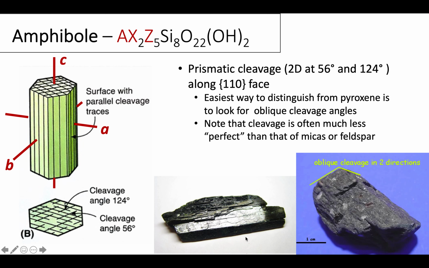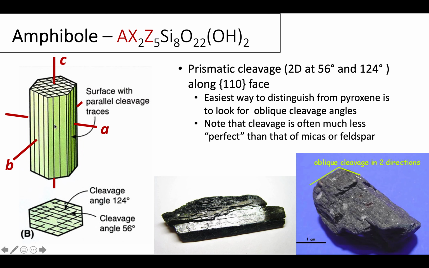But more likely what we see in amphibole is something like this picture on the left, where the thing is pretty massive, it's pretty anhedral, and you have to kind of convince yourself that there are indeed these oblique cleavage planes going on. So this can be very tricky, especially if you're looking at an amphibole or a pyroxene and you're just seeing these surfaces with the parallel cleavage traces.